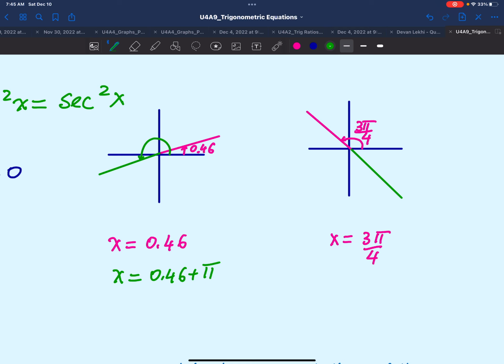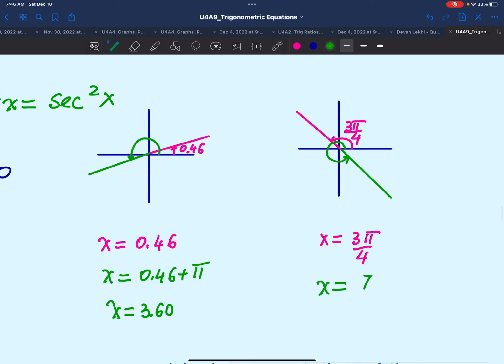So 0.46 plus pi would equal 3.60. Similarly, we're going to find the angle x that we obtained from the second factor. And as you can see here, we have 3 pi over 4, 4 pi over 4, 5, 6, 7 pi over 4.